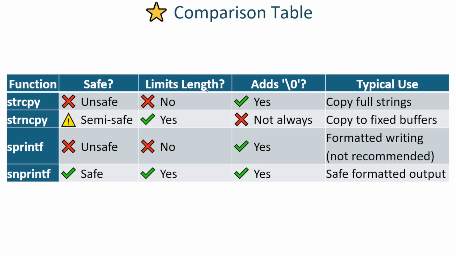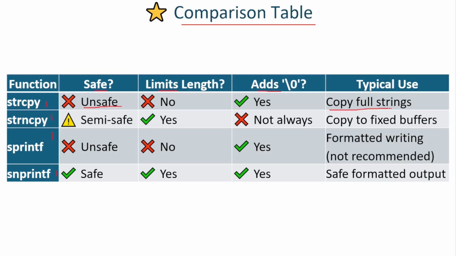Comparison table. In this table, we compare 4 commonly used string handling functions in C: strcpy, strncpy, sprintf, and snprintf. Each one behaves differently when it comes to safety, buffer limits, and null termination. strcpy is considered unsafe because it copies an entire string without checking the destination buffer size.